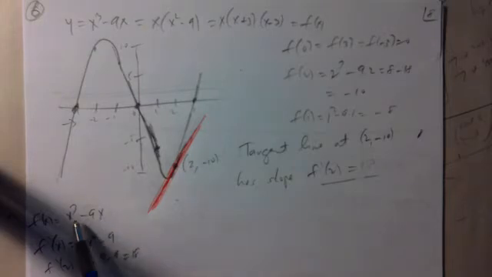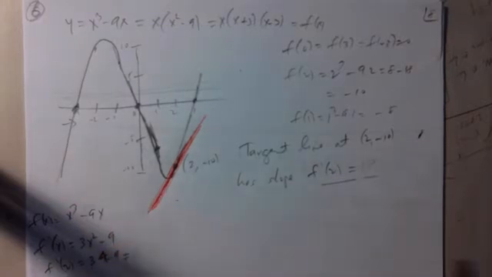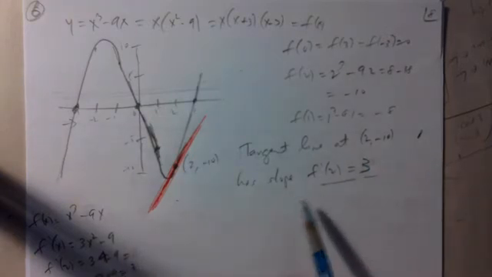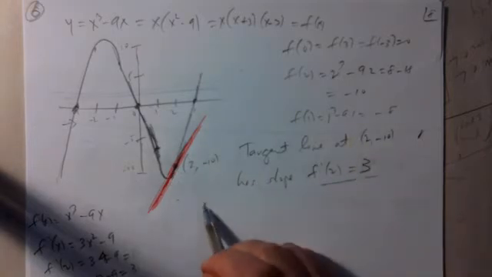That's the function. The derivative is 3x squared minus 9. So when x equal 2, this is 3 times 4 minus 9, which is 12 minus 9, which is equal to 3. So this tangent line has slope 3.